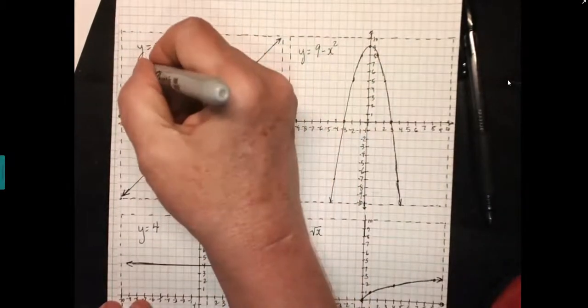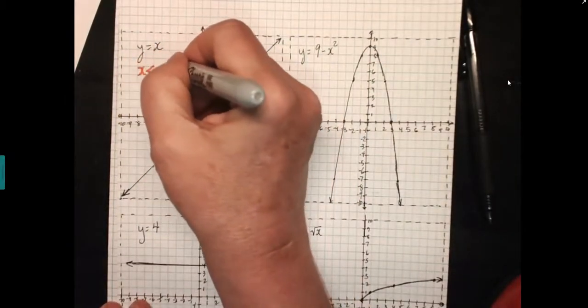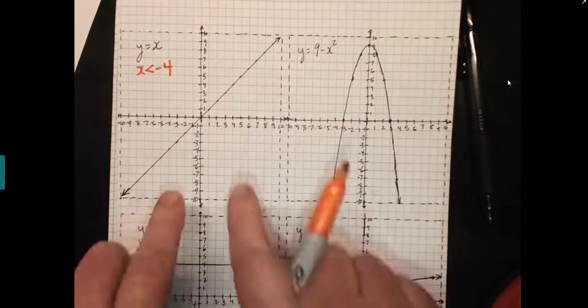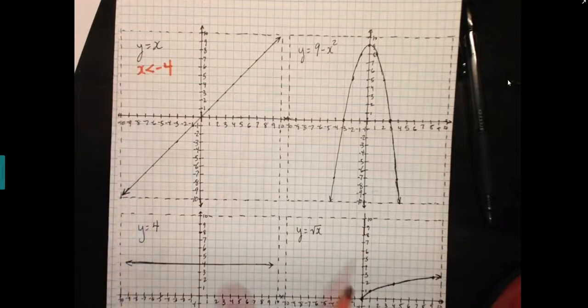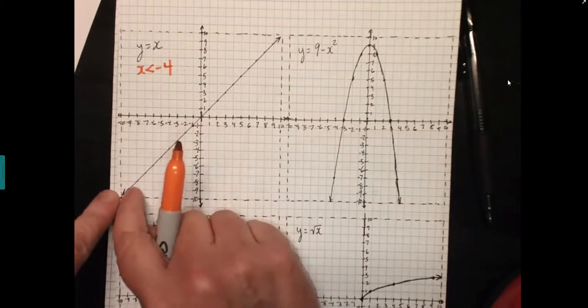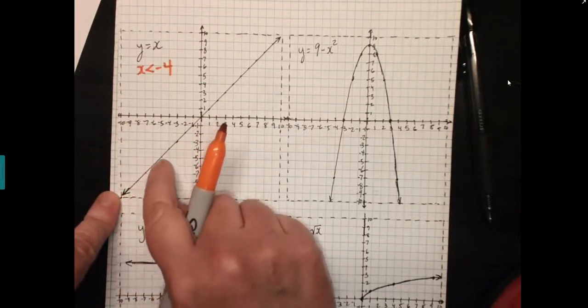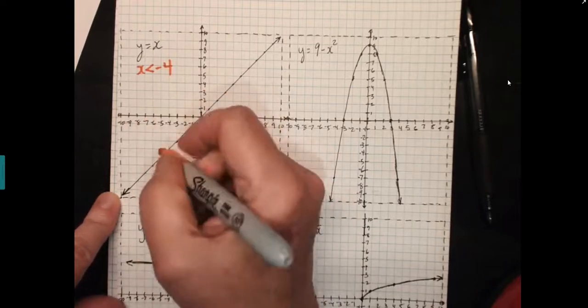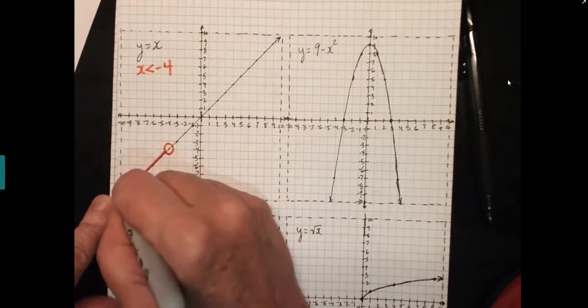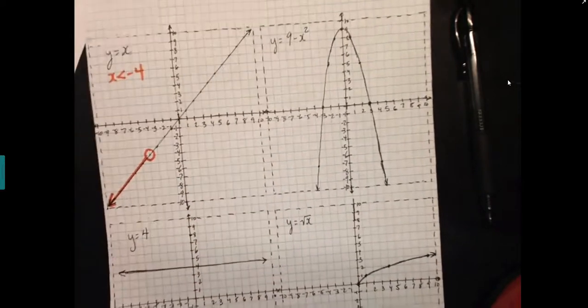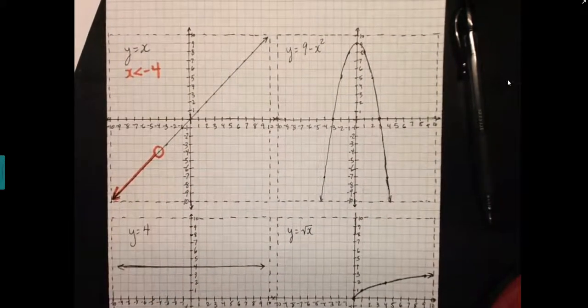So I'm going to actually draw the restriction in now. So I want the graph of this, but only when x is less than -4. So I want all the points whose x values are less than -4 up to but not including. So this is the piece that I want. That's the piece that I want for the first one.